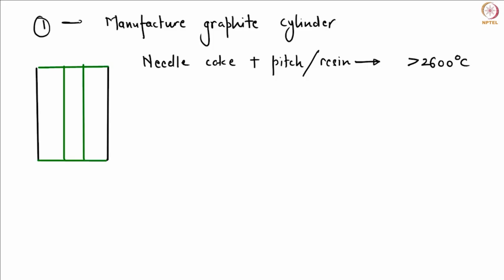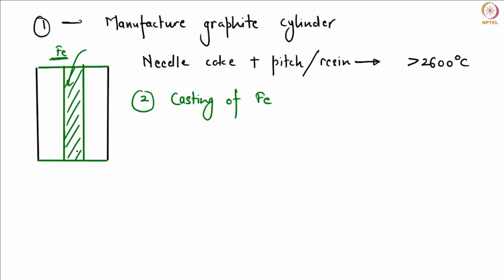Now you need to fill the iron inside, so this is where you need to have your iron filled. Okay, so what can you do? The second step can be casting of iron. You can perform the casting and you now have your cylinder filled with iron.